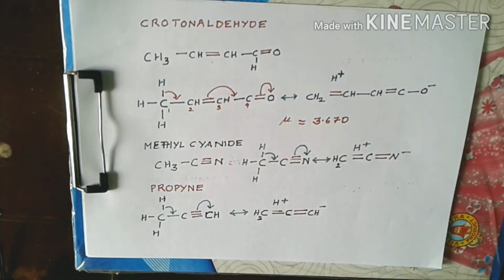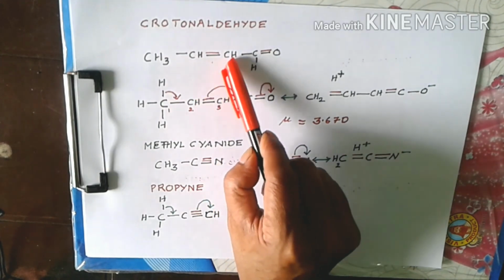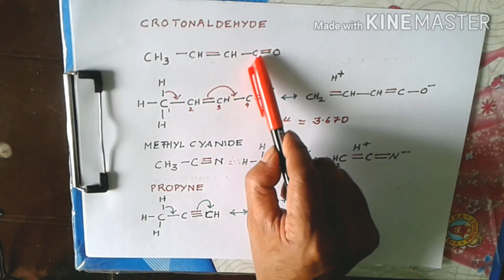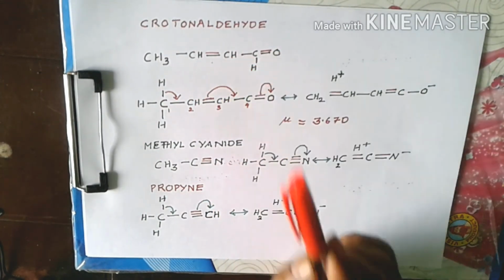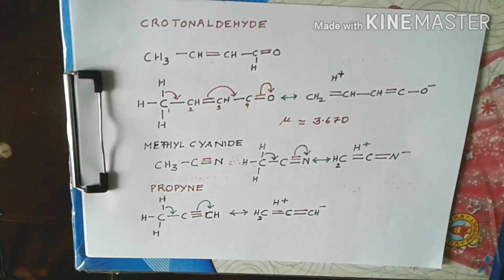Now another example to consider is that of crotonaldehyde, CH3 CH double bond CH single bond CH double bond O having an H. So this is an aldehyde group, hence the name crotonaldehyde.